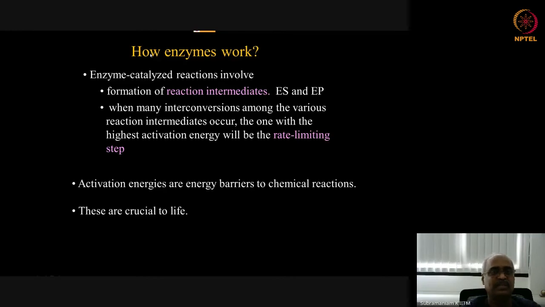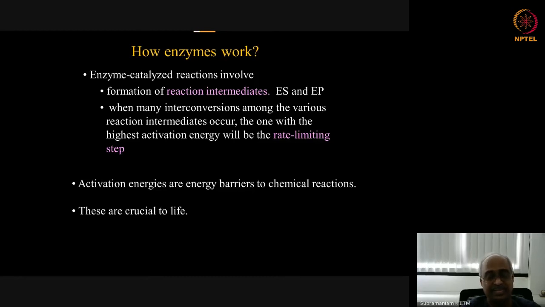Okay. So enzyme catalyzed reactions involve formation of reaction intermediates. We just saw enzyme substrate as an intermediate. Because here the moieties of substrate are interacting with the enzyme moieties, and as a result, these are constrained in a certain way.